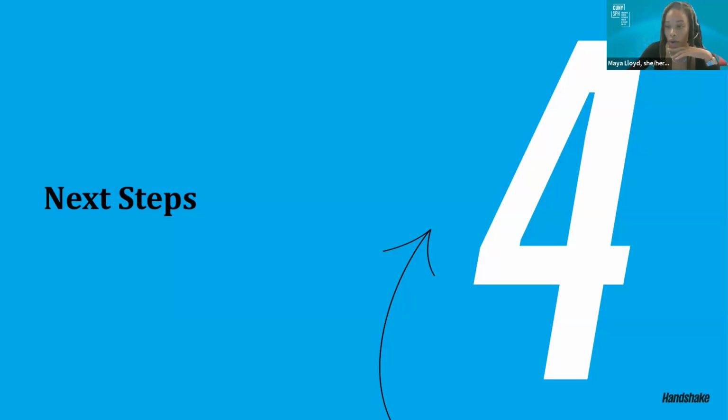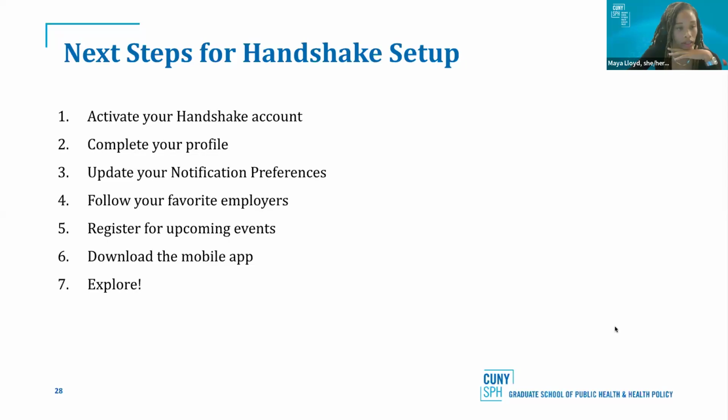Okay, so now we're going to talk about next steps. After we conclude today's event, you're going to get an email, of course, but here are some next steps. For those that can do it today, you can activate your Handshake account. Once new students receive the email from Handshake, you can go ahead and activate your Handshake account.